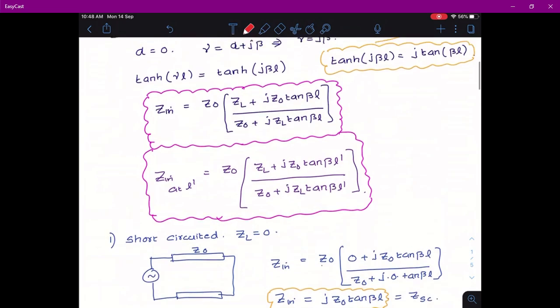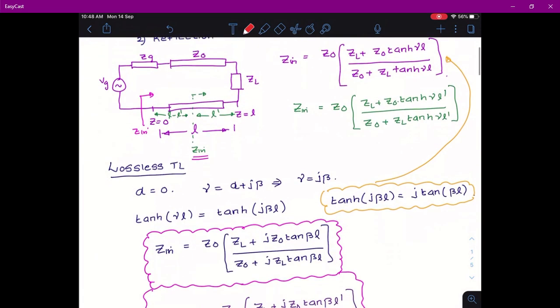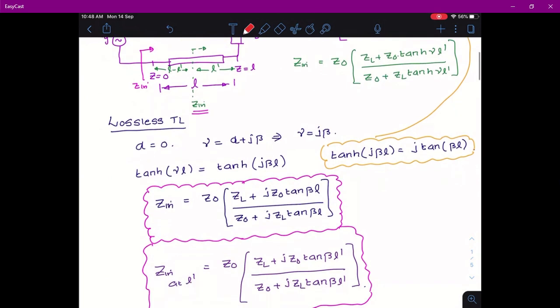So, in this class, just to recap, we had looked at the input impedance that we had derived last class. We looked at the special case of a lossless transmission line, where the attenuation constant is 0. We usually derive everything in terms of a lossless transmission line because the numerical part is very simple.